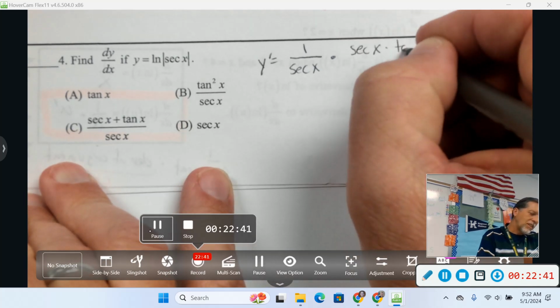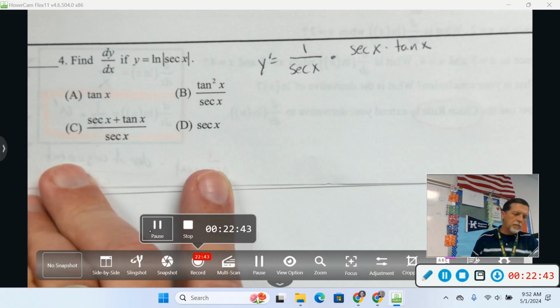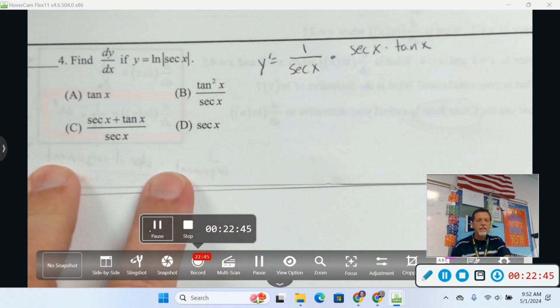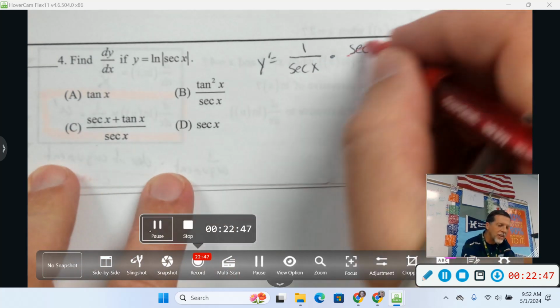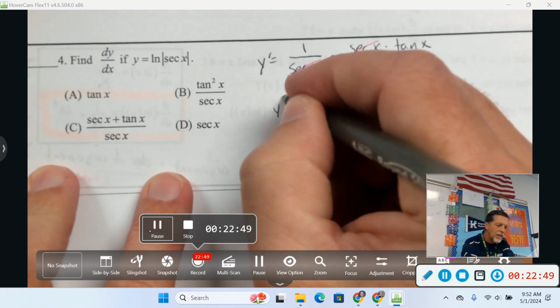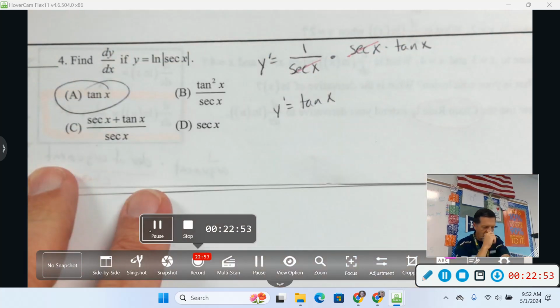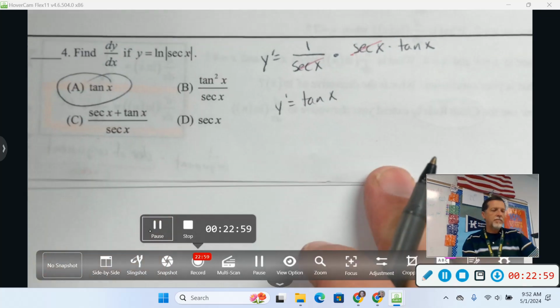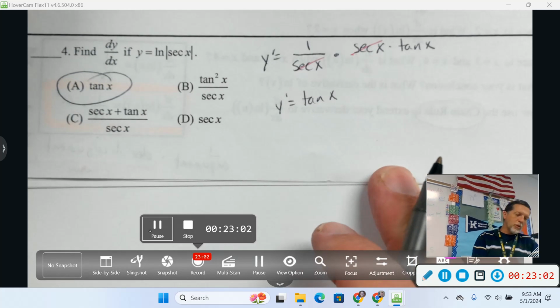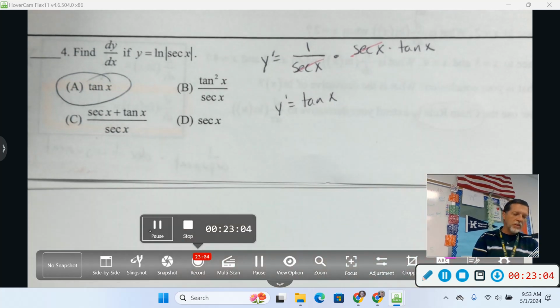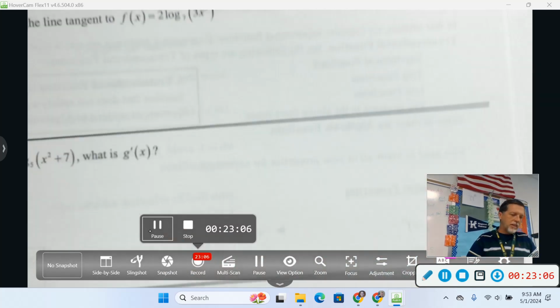Secant tangent. Oh, well that was a nice problem then. The secants cancel. And we're left with tangent. What looked like to be the worst problem turned out to be one of the easier problems. Certainly on the algebra front.